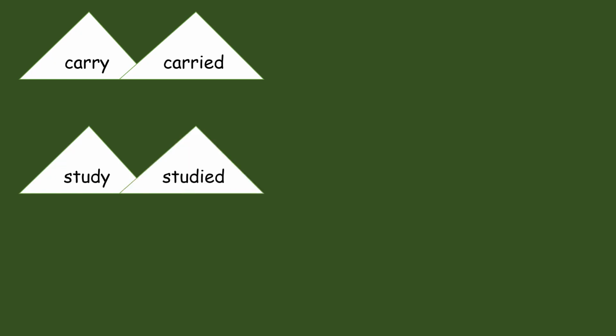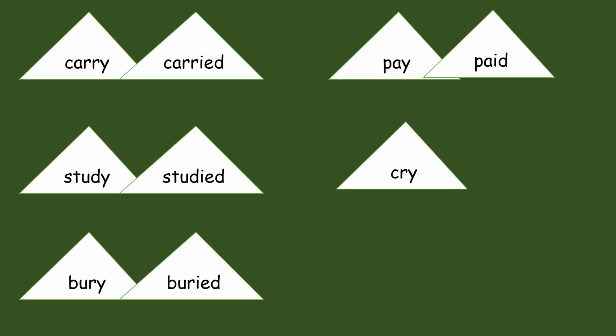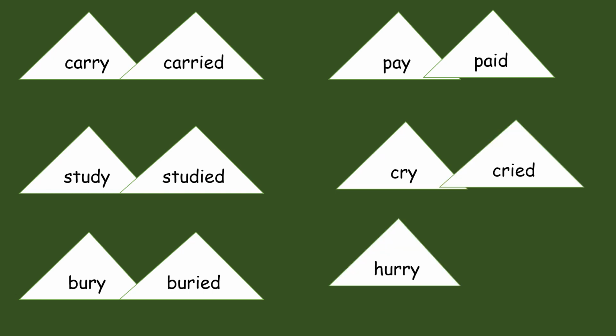Study, studied. Bury, buried. Pay, paid. Cry, cried. Hurry, hurried. So this rule again does not apply to the verb buy because the past tense of the verb buy is bought. And also the verb play. The past tense of the verb play is played. You add ed to the verb play.